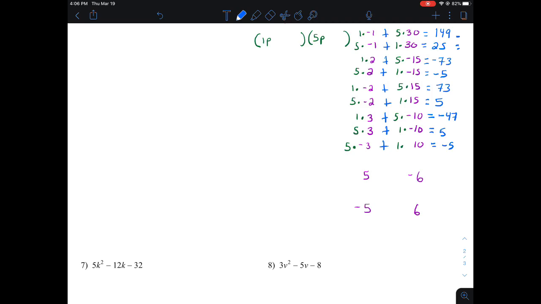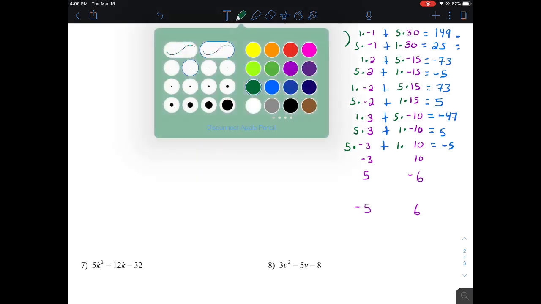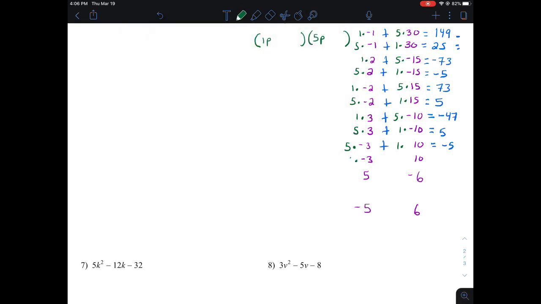Now, if I'm looking at the pattern that's going on, I could go ahead and predict that if I switched it around, negative 3 and positive 10, I switch what I'm multiplying. So the negative 3 gets multiplied by 1, and the 10 gets multiplied by 5. It should be positive 47, because what's happening is I'm just changing the signs when I flip around what I'm multiplying by, and it does make that.